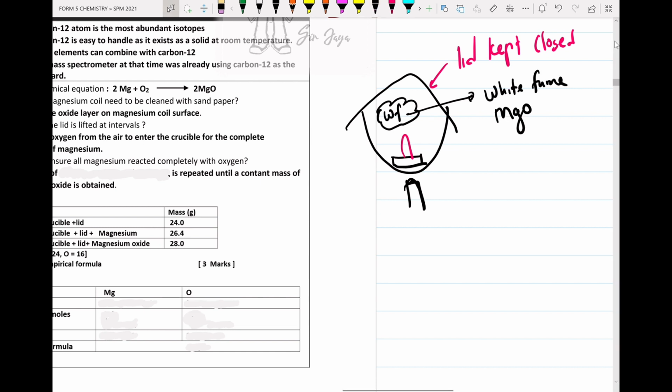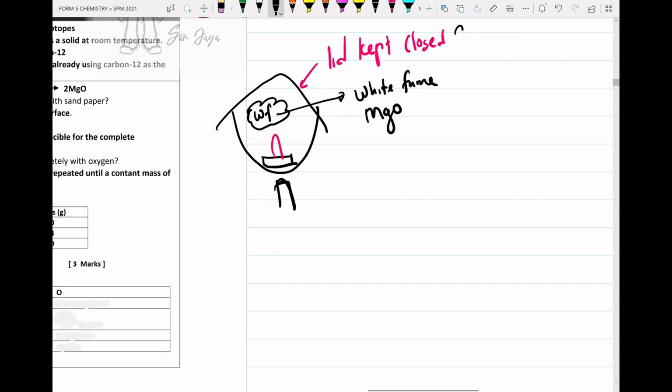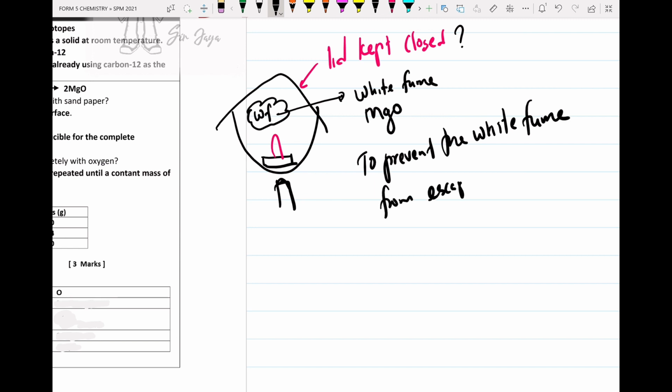We don't want this white film to escape into the environment. Why must the lid be kept closed when the magnesium ribbon starts to burn? To prevent the white film from escaping into the environment. So this is the answer.